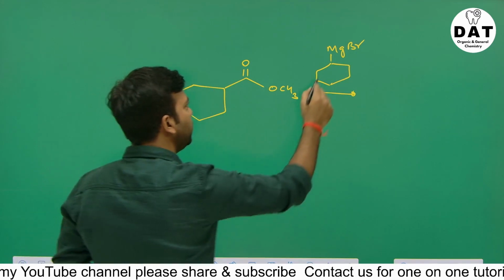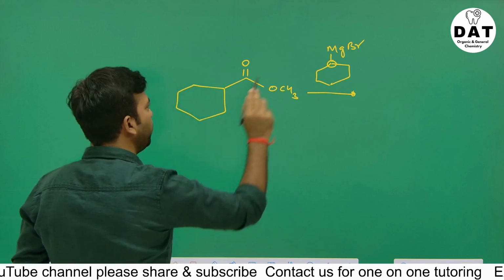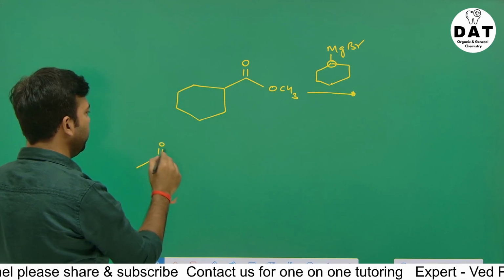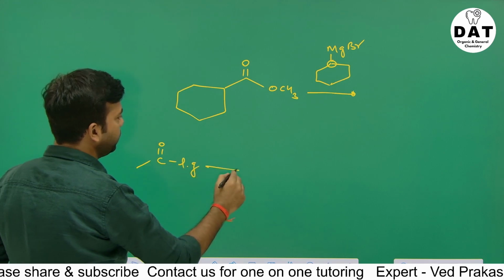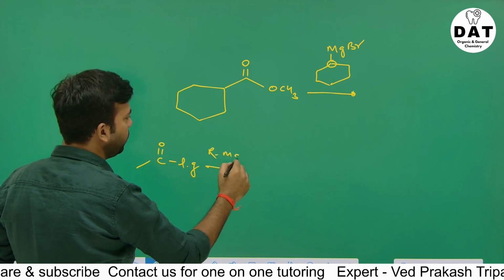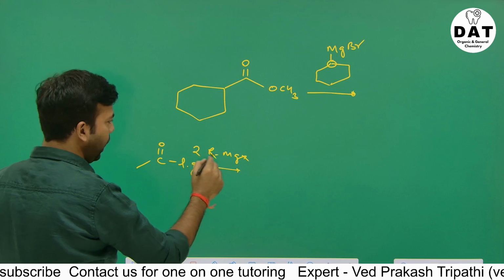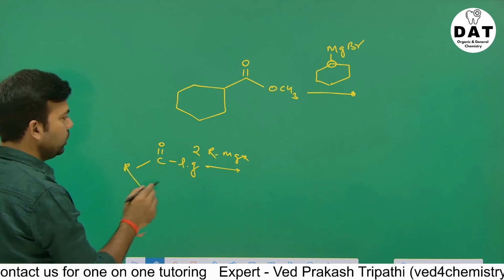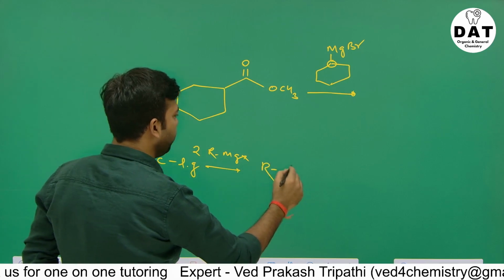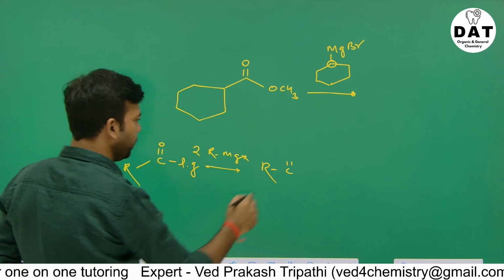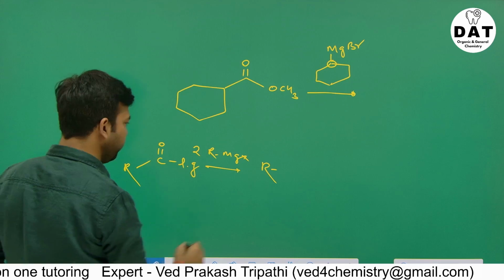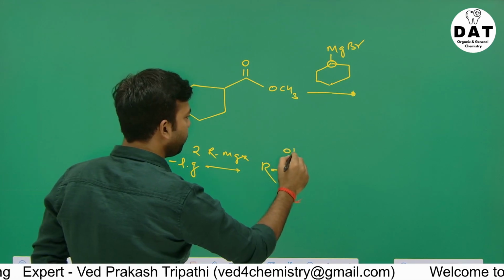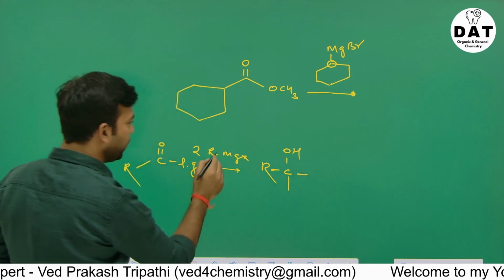So look at here, this is the nucleophilic carbon. So first mole, what you have to do, look at, this is the leaving group and this is the RMgX. Okay, 2 moles of RMgX are used to convert this reactant into the final product. So like this, C double bond O, after this it will become, look at here, oxygen becomes OH, and these two valencies your Grignard, the R part.